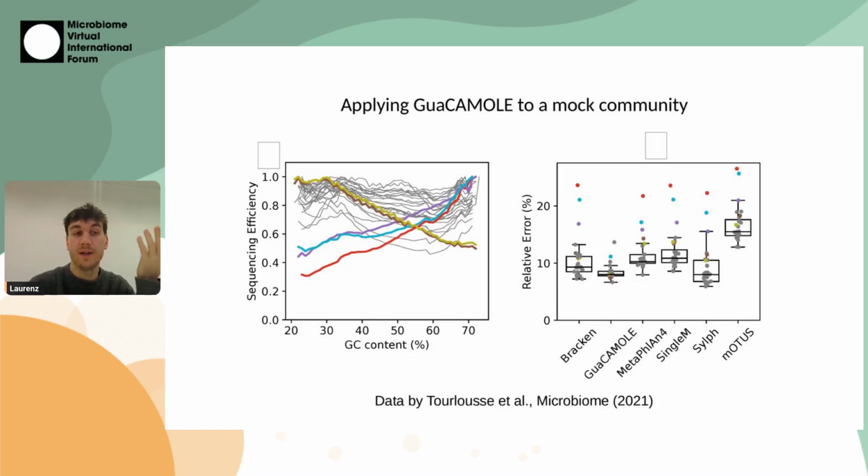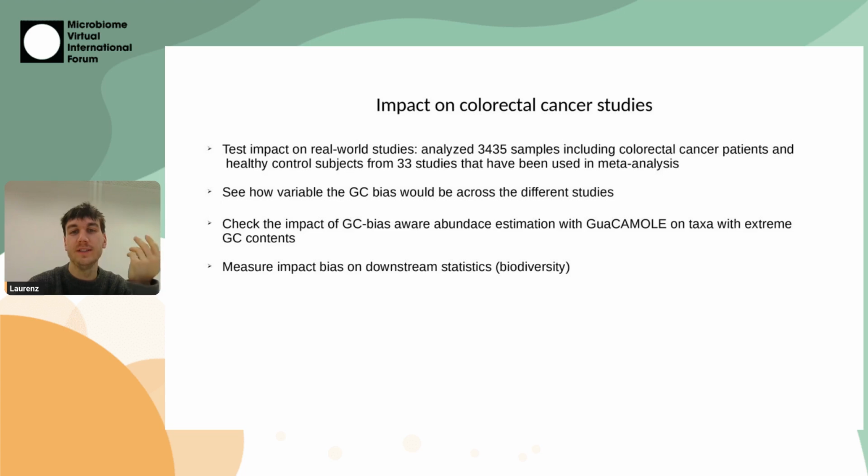So now, coming back to what I talked about in the beginning, that so many studies have been published, we went on to analyze over 3,000 samples from colorectal cancer studies where stool samples of cancer patients have been sequenced to analyze the gut microbiome.